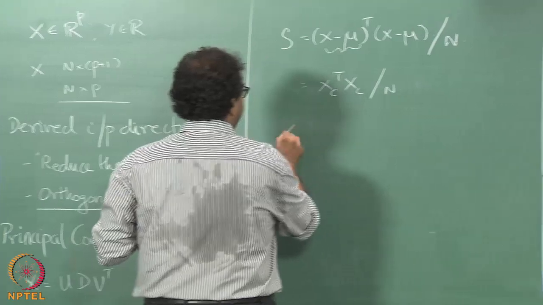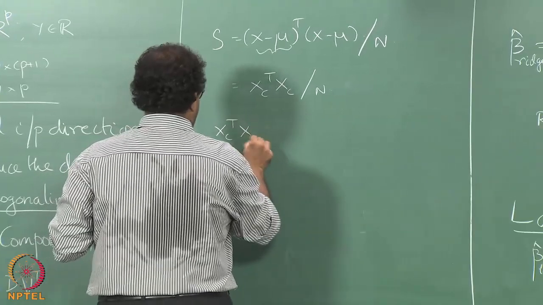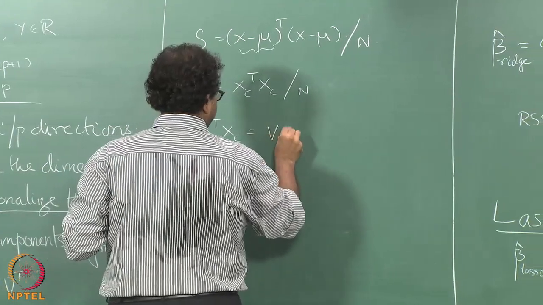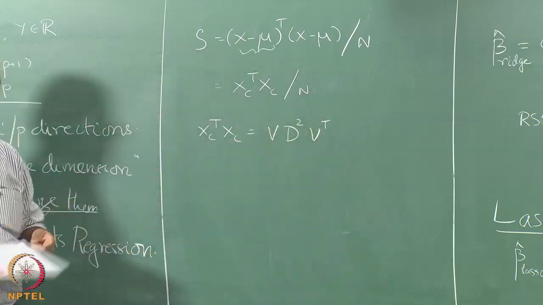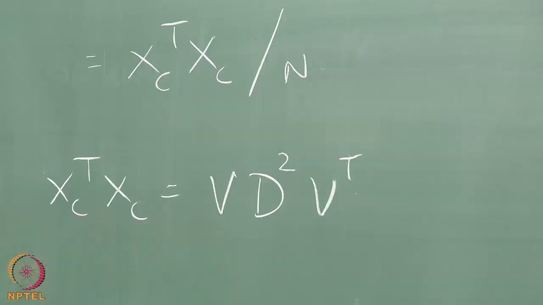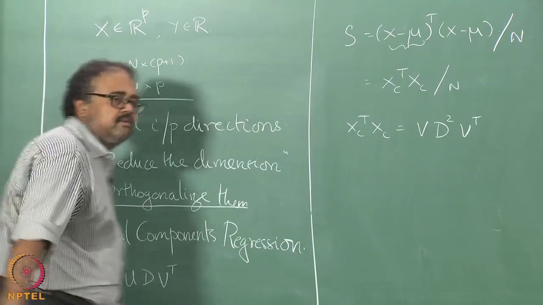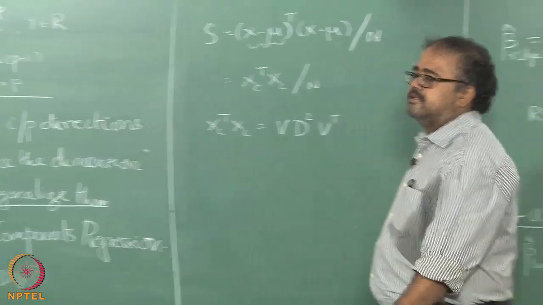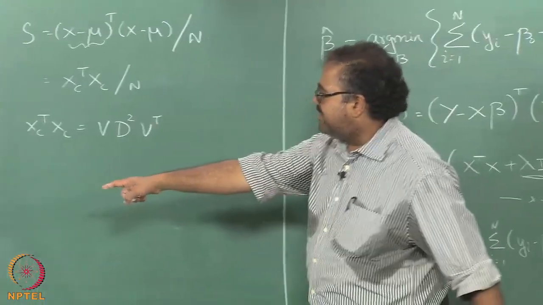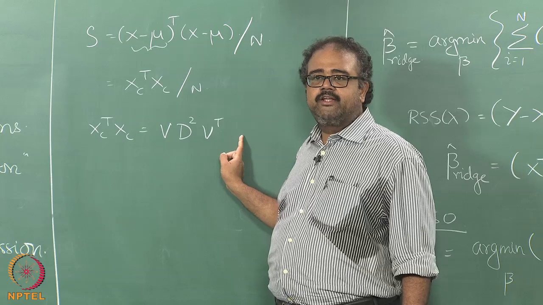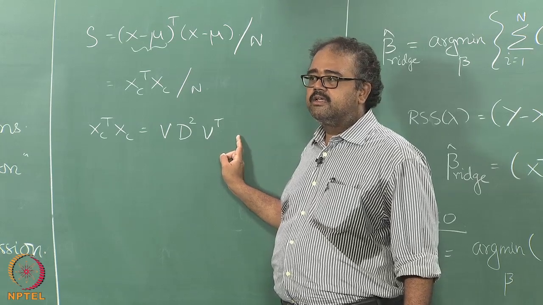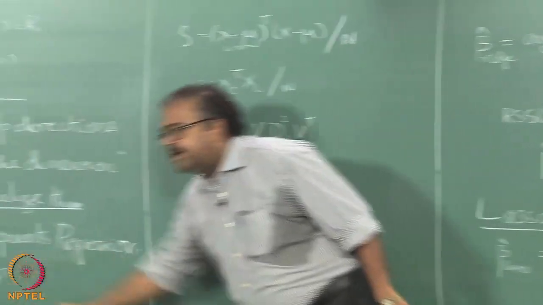So I can essentially write this as the same V and D that I wrote here. So if I take XC, I am going to get the same thing. It is essentially like doing singular value decomposition and retrieving the V matrix.